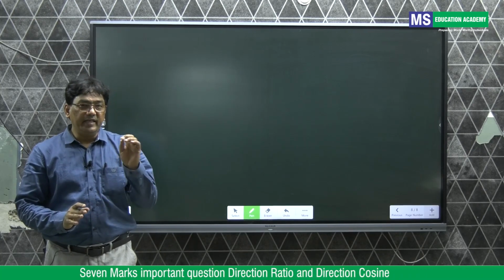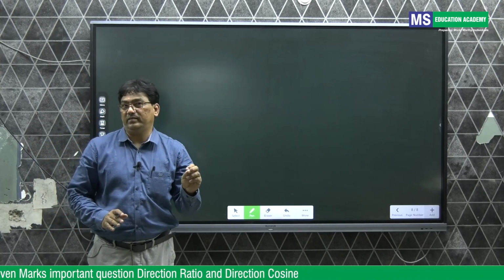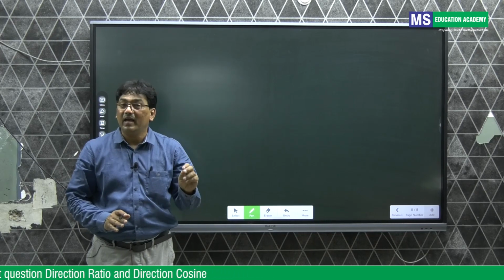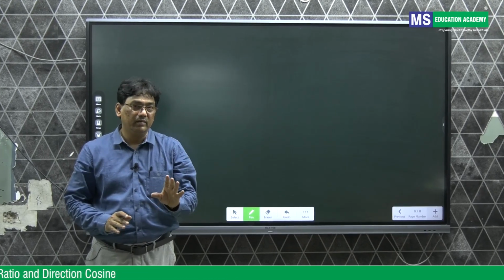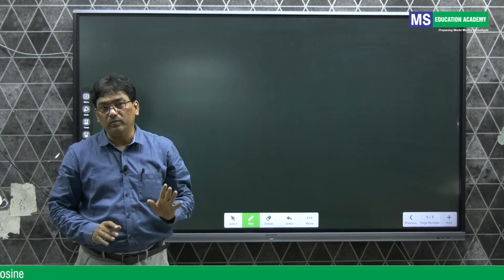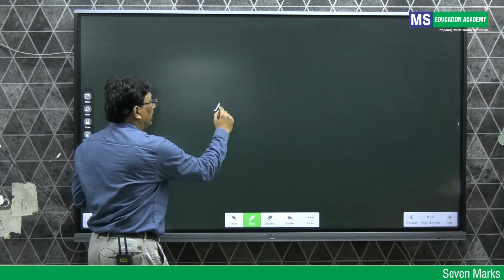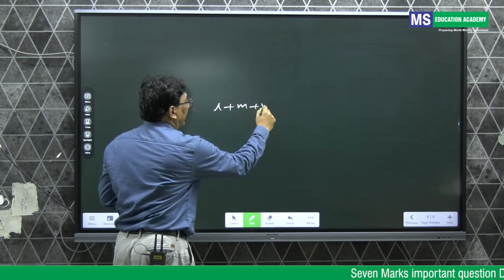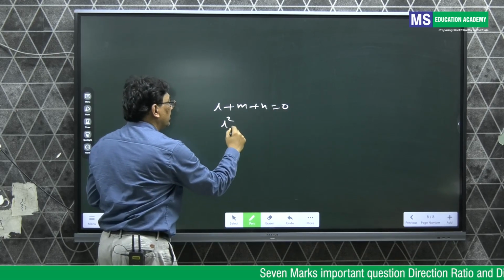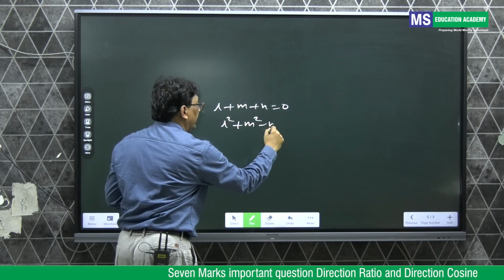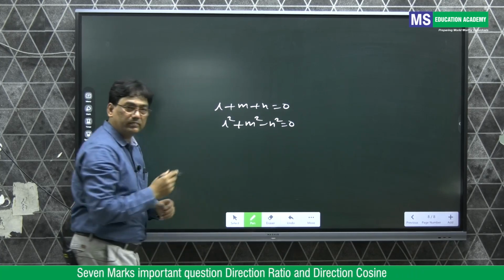The DCs of two lines are connected by a relation. Two relations are given: L plus M plus N equal to 0, and L square plus M square minus N square equal to 0.